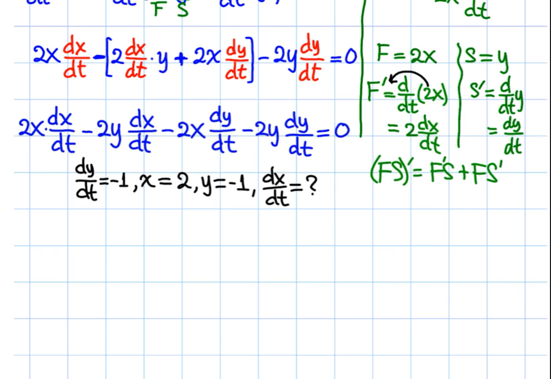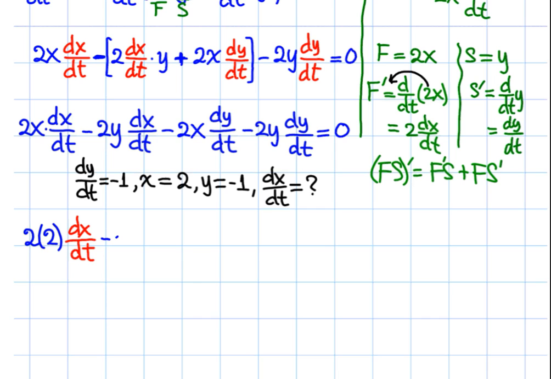We have 2 times x, which is 2, dx over dt, we don't know. Let's write dx over dt because we are solving for dx over dt. All right, let's try that.